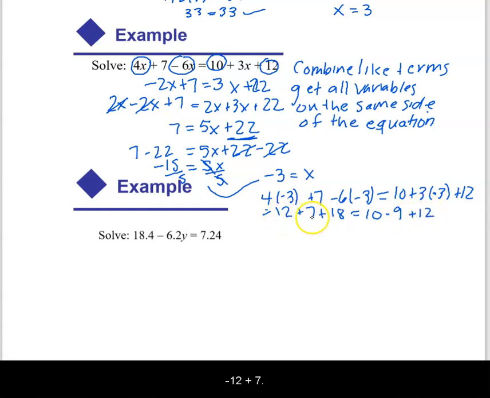Okay, negative 12 and 7 is negative 5. Negative 5 and 18 is 13. Okay, and on this side, I've got a 10 minus 9. 10 minus 9 is 1, and 1 plus 12 is 13. So we did a good job.